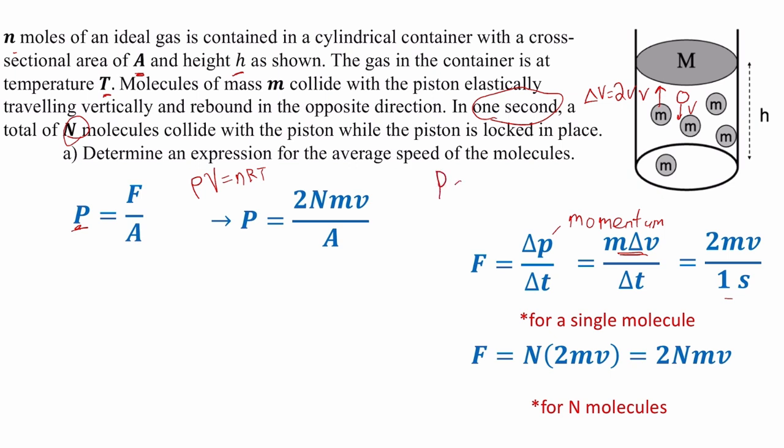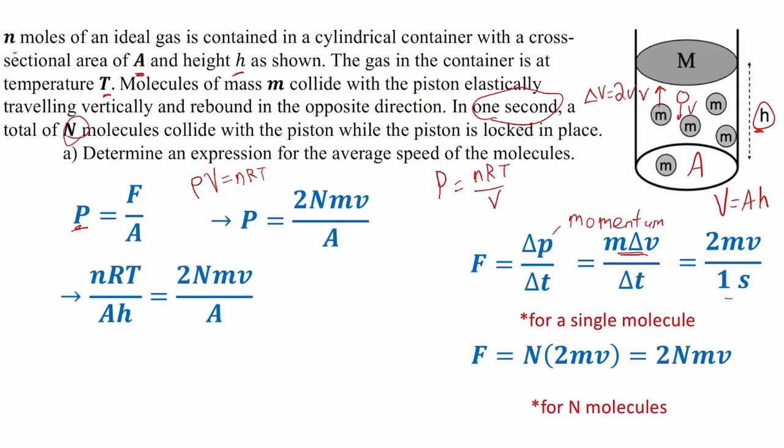So pressure would be nRT over the volume of the container. Now the volume of the container, an expression for V isn't given, but we are given H, the height of the container, and A, the cross-sectional area. And since this is a cylinder, the volume is the cross-sectional area times the height, which gives me that there.